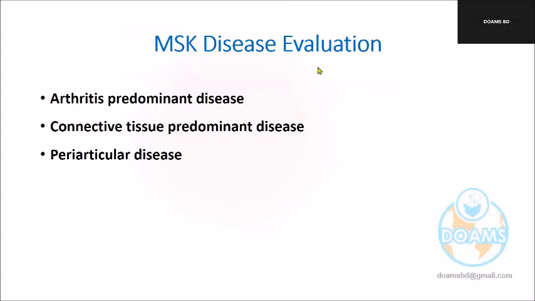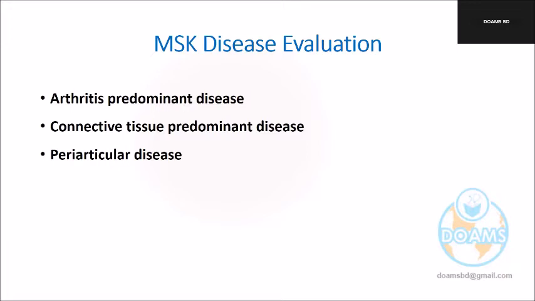If we summarize in another way, in the musculoskeletal disease evaluation, we can make a simple categorization. Does the patient present with arthritis-predominant conditions, for example rheumatoid arthritis or psoriatic arthritis? Remember these are arthritis predominant, not arthralgia.